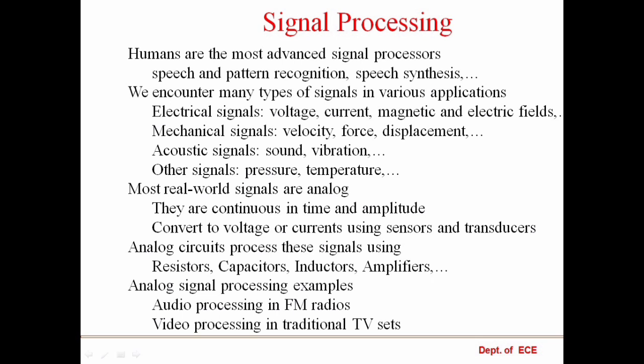We encounter many types of signals in various applications, like electrical signals, voltage signals, current signals, magnetic and electric fields, from which we extract information. We also have mechanical signals like velocity, speed or displacement, and we extract information from these. For sound and vibration, the source is acoustic signals. Likewise, we extract information from signals. So once again, signal processing is nothing but extracting the signal characteristics or studying the signal behavior.